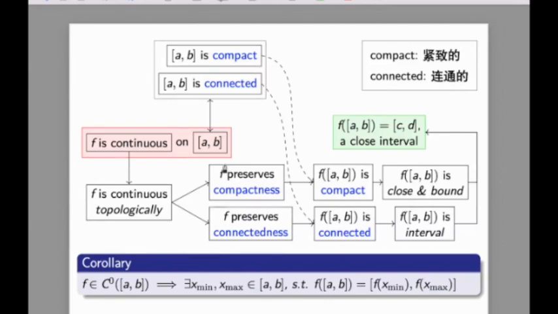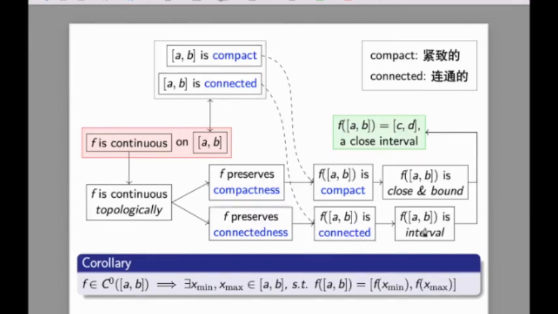We have used two topological properties of the interval AB, which are compactness and connectedness, both preserved under continuous maps. Thus, the image f(AB) is also connected and compact.